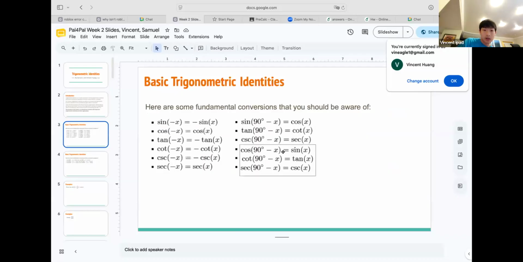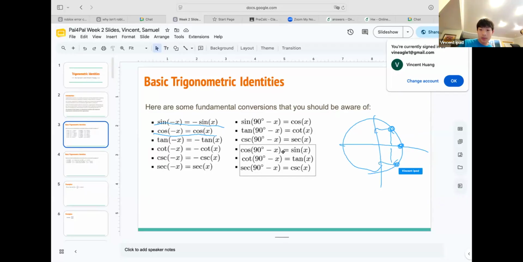So these are some of the main identities. These two, let me annotate. These two are from the unit circle. If you have a unit circle and you have an angle x, and you draw its negative, which is basically going across, then its y value will be the opposite.